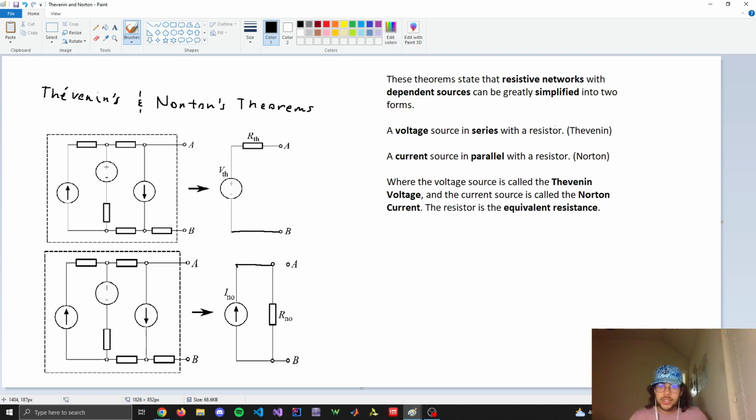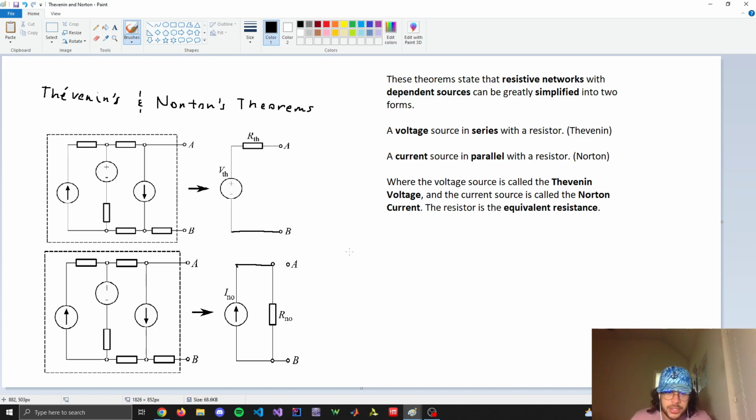So the Thevenin equivalent would be a voltage source in series with a resistor, and then the Norton equivalent is a current source in parallel with the resistor. And how you calculate these values, the Thevenin voltage will just be the voltage, if you see this black box, seen from the circuit itself. You basically need to zero all your sources to find this resistor.